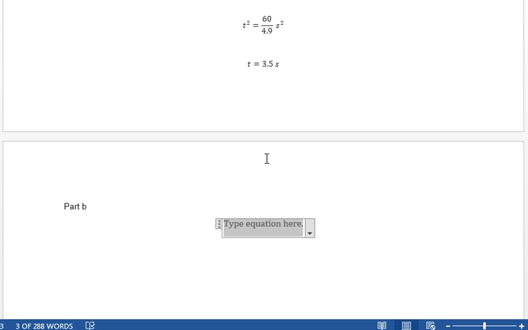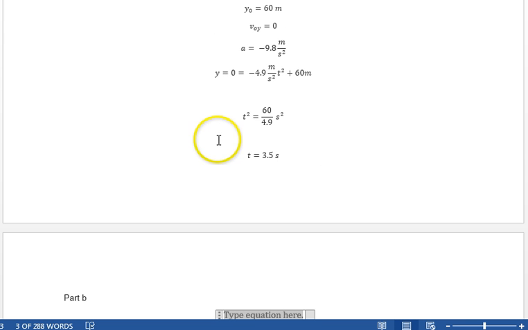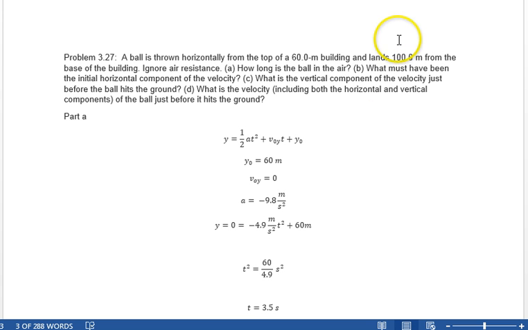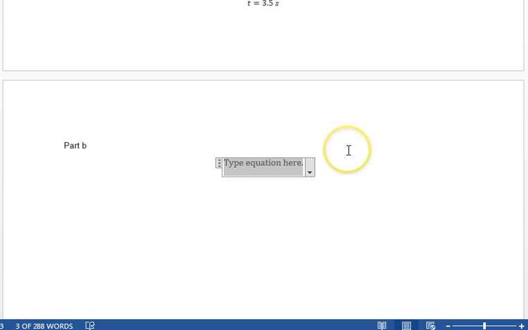We start off knowing nothing, but we do have two constraints now. We now know that when it hits the ground, the time is 3.5 seconds. And we also know that when it hits the ground, we are 100 meters away from the building in x. So if we write down the position in x, x equals v naught x t.